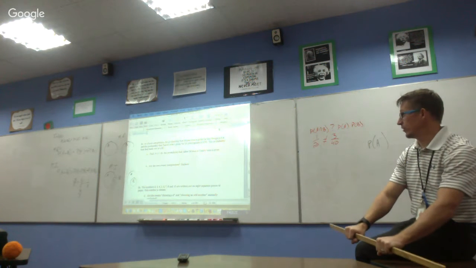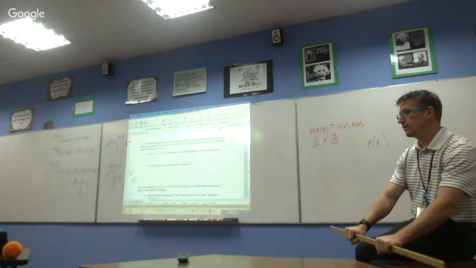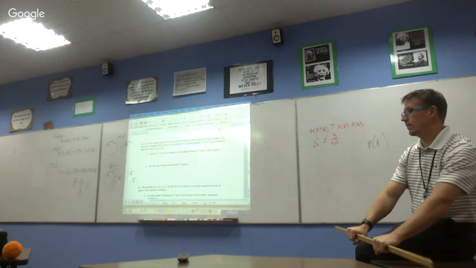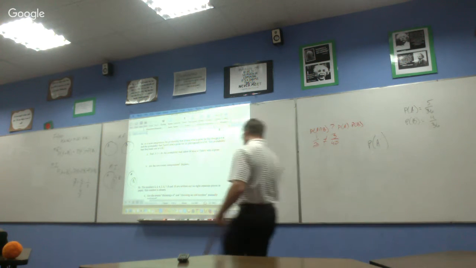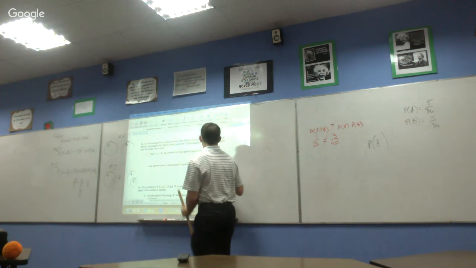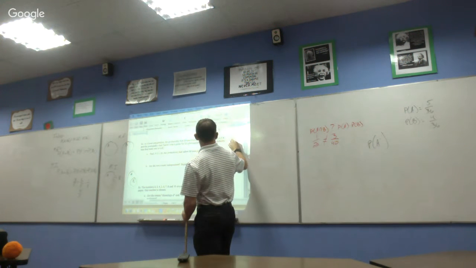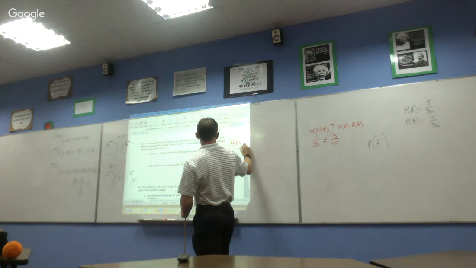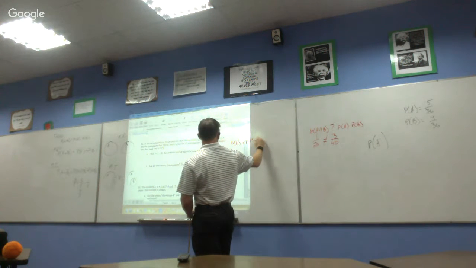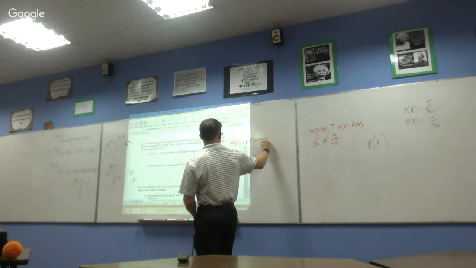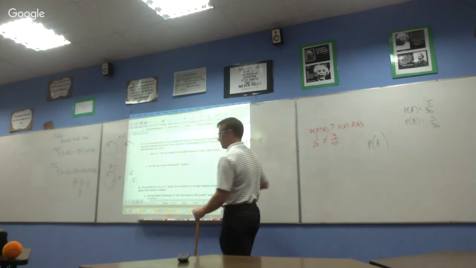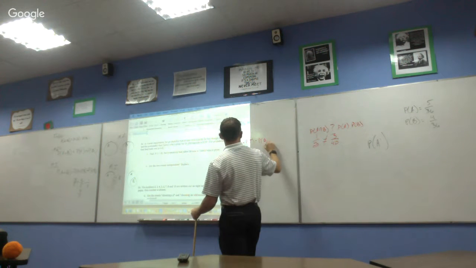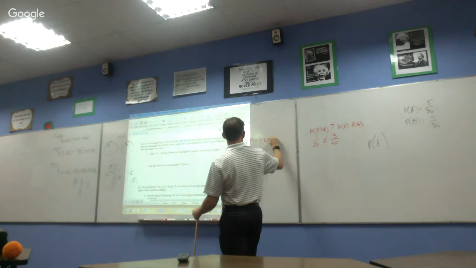Do I take 0.25 from both? Okay, so we take the probability of Brianna winning plus the probability of Tanvir winning minus the probability of Brianna and Tanvir winning.